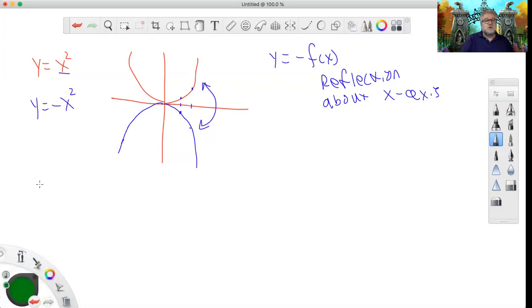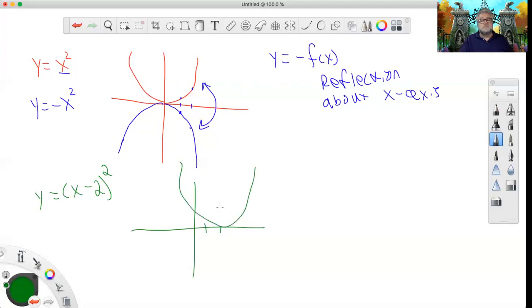Okay, so if we have y equals, let's do our function as y equals x minus 2 squared. So that looks like 1, 2. So we're here, right?